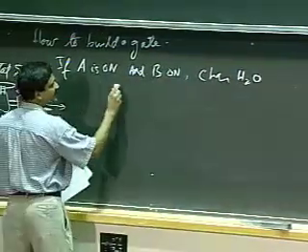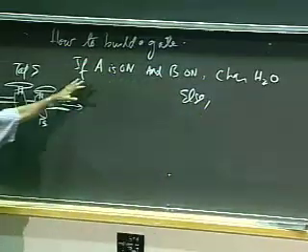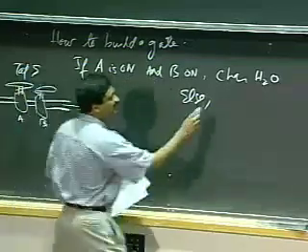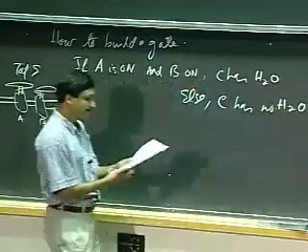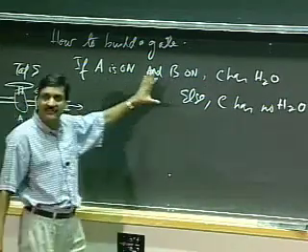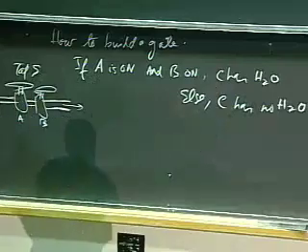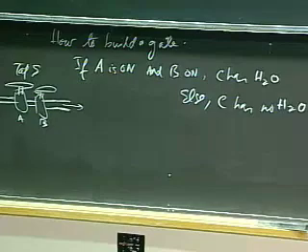Otherwise, if both A and B are not on, then C has no water. So this is already beginning to sound like an AND gate, correct? Where you get water only if A and B are both turned on.